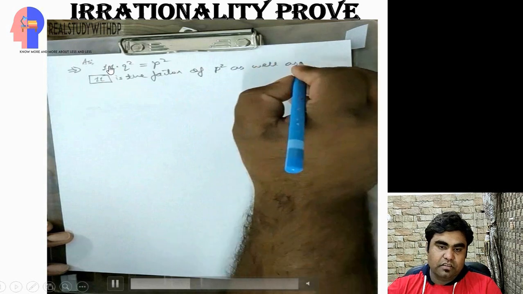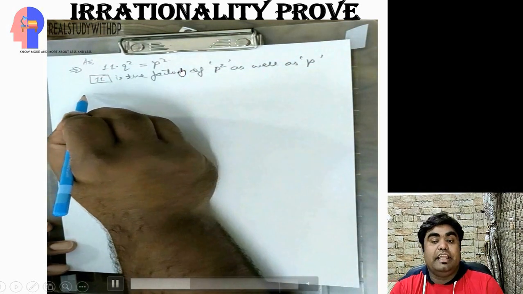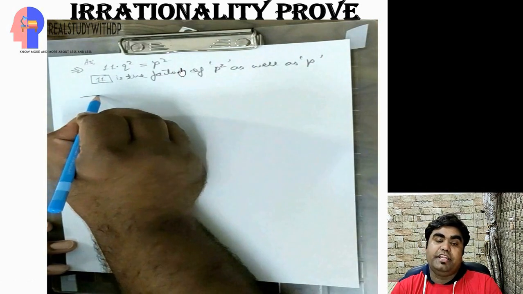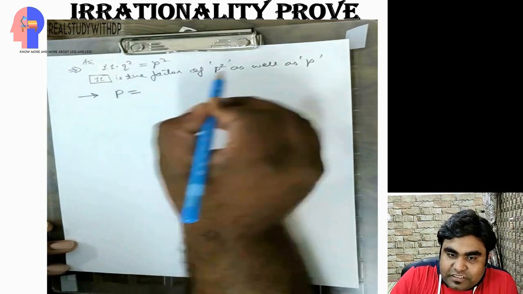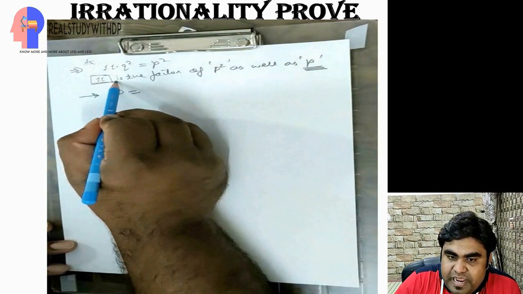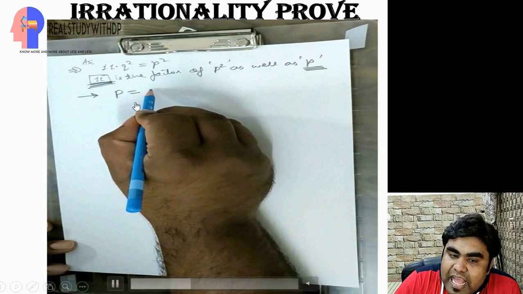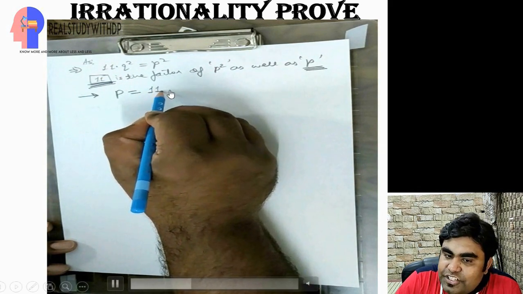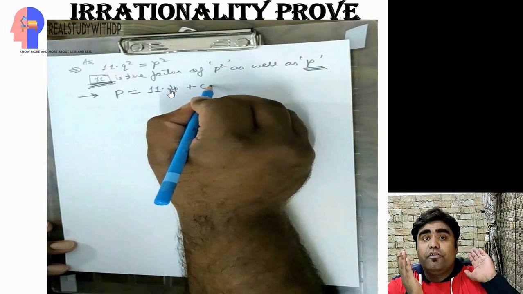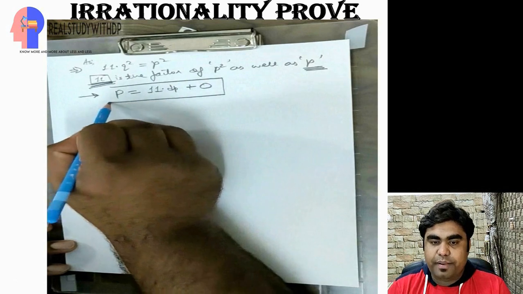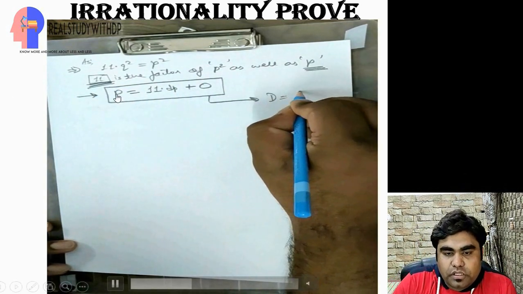As we have seen, 11 times q square equals p square, so this 11 is going to be a factor of p square also, and this 11 is going to be a factor of p also, according to the theorem that we have just proved.